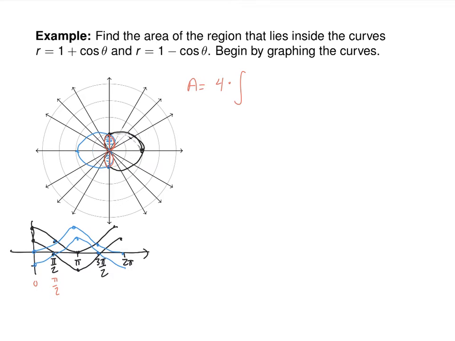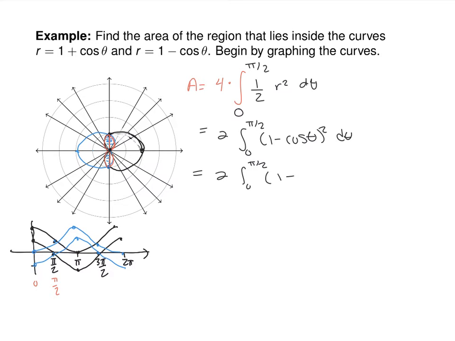And the area of one individual piece, the ray that begins at an angle of 0, ends at an angle of pi halves, and we'll have 1/2 r squared d theta. So 4 times the 1/2 makes 2. And the r is the 1 minus cosine of theta, that quantity squared. So it'll be 2 times the integral from 0 to pi halves, 1 minus 2 cosine of theta plus cosine squared theta.